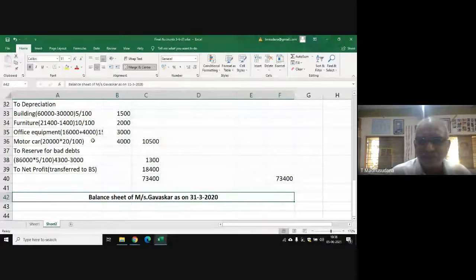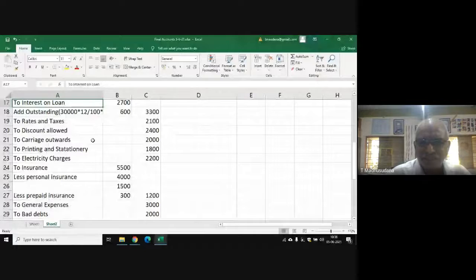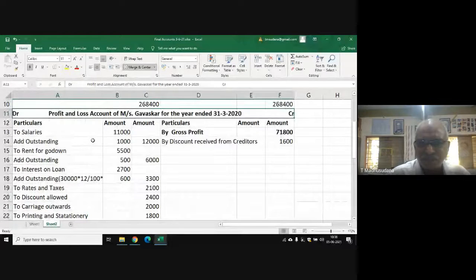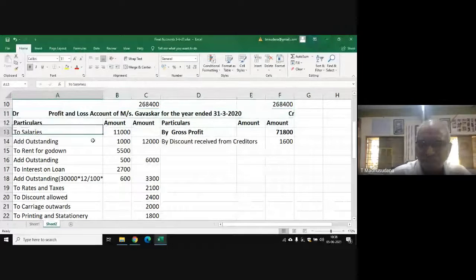But while writing the heading of the profit and loss account and trading account, how is the heading to be written? Profit and loss account of Messrs. Gavaskar for the year ended. That phrase is to be added for both the trading account and profit and loss account.